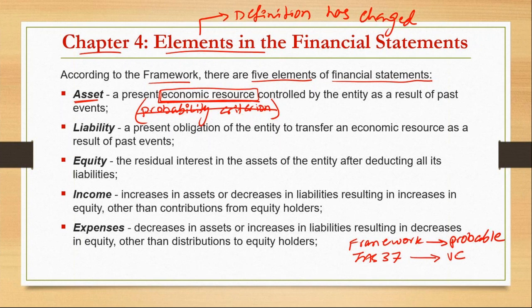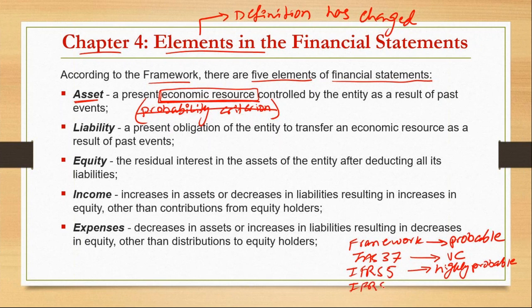Now there is a conflict between both of them. Similarly, IFRS 5 says that record the asset held for sale if the sale is highly probable. Now someone is saying probable, someone is saying highly probable, someone is saying virtually certain.